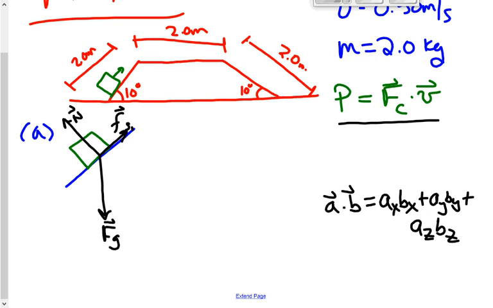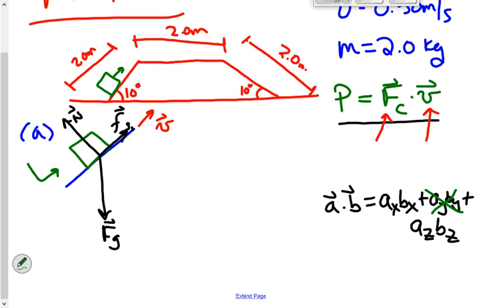So, like, if there was no b_y term in my vector, this whole term would go away, and it wouldn't matter what the value was for A in the y direction. So my velocity vector up here is only in a very specific direction. So I'm only worried about what the force due to the conveyor belt is going to be in the same direction as the velocity. Okay, so I'm going to draw the velocity into my free body diagram, although it's not really there because it doesn't belong there.